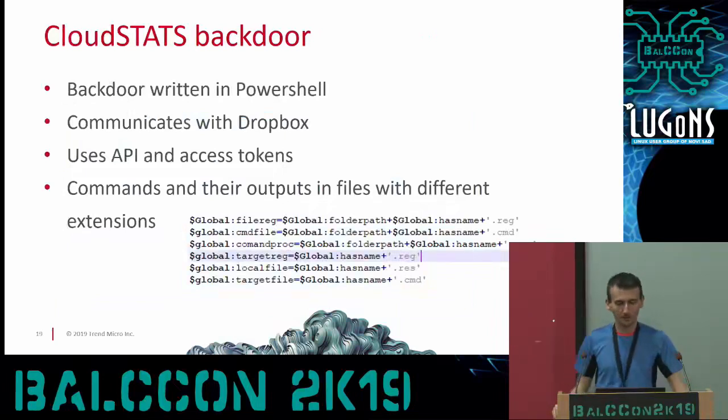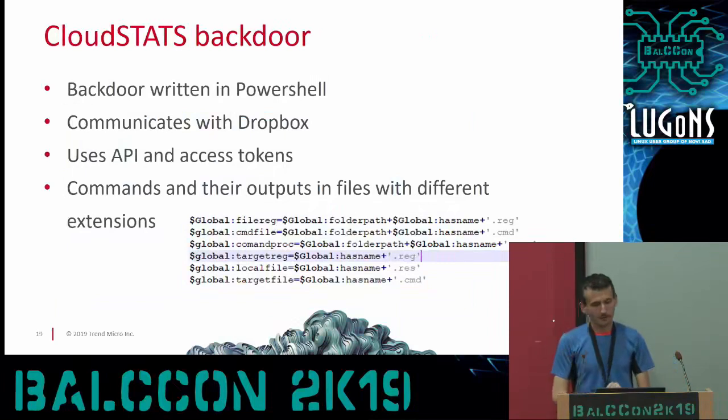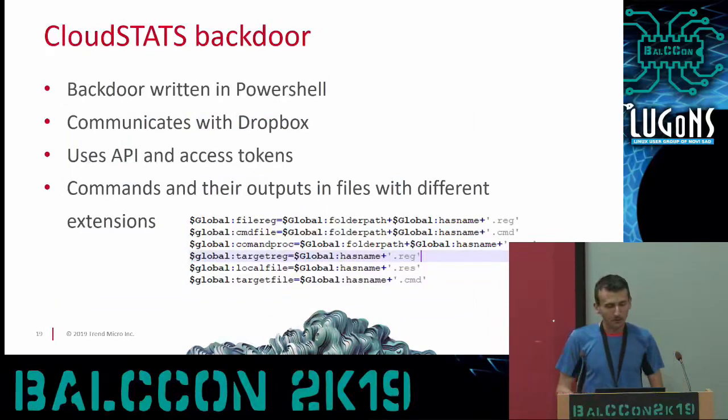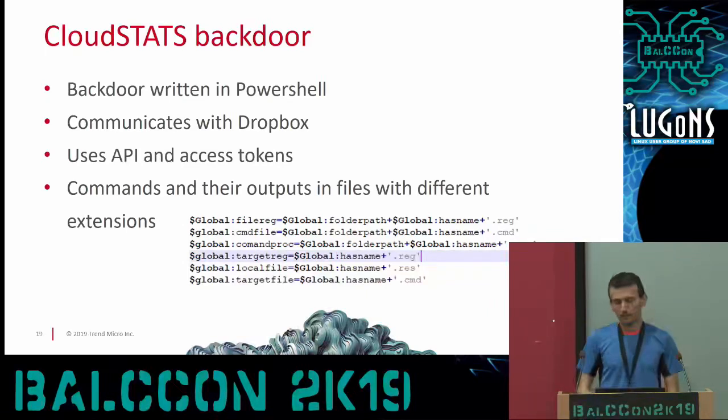So after the first backdoor, we noticed a different backdoor called CloudStats, which was quite interesting because it uses Dropbox for communication. They upload a file to Dropbox, the backdoor downloads it, executes the command and uploads the result back to Dropbox. You can see there are different file extensions.